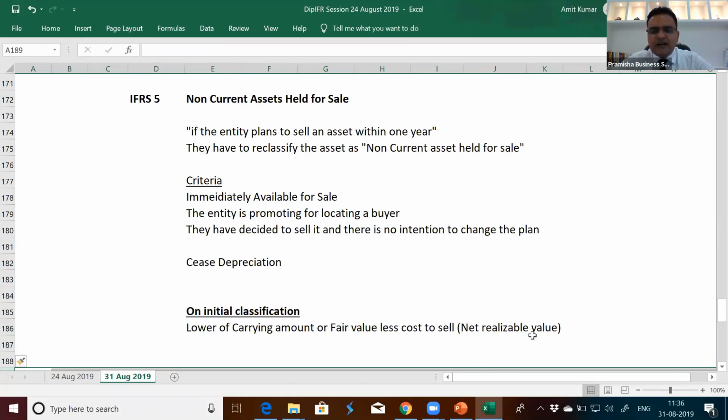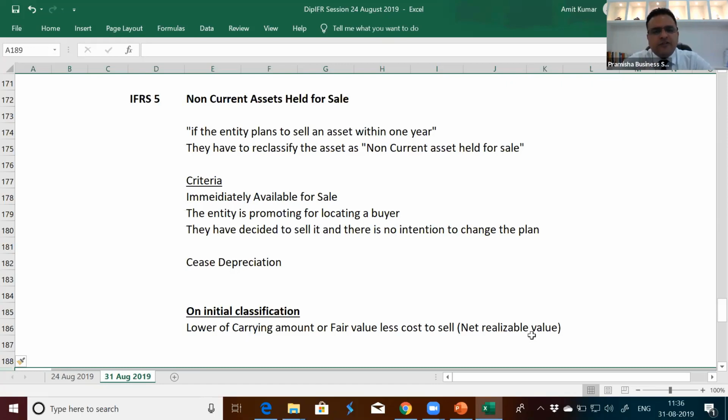I'm purposely highlighting it so that even if you forget what should be the value, whether lower or higher, you should know that the new carrying amount will be lower of carrying amount and fair value less cost to sell, because there is an indirect impairment inherent in it. Since IAS 36 impairment of assets cannot be applicable to it because there is no use now, we're directly comparing it with the net realizable value. So IFRS 5 says that we have to compare the carrying amount and fair value less cost to sell. Is this clear?